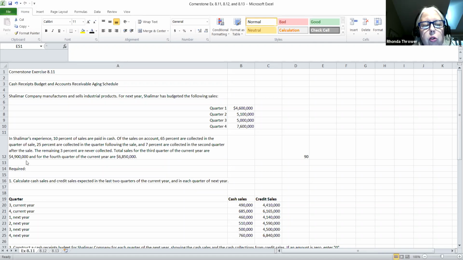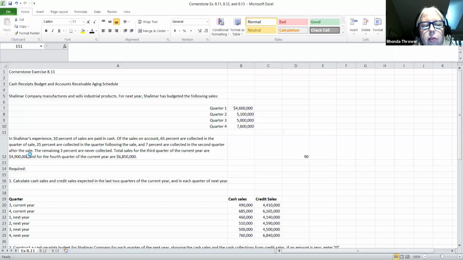So you pick up the third quarter current year sales, which is $4,900,000, and multiply that by 10%, and that's how we get the cash sales. The remaining portion, the other 90%, is going to be sales on account.